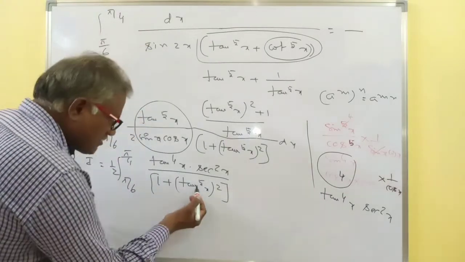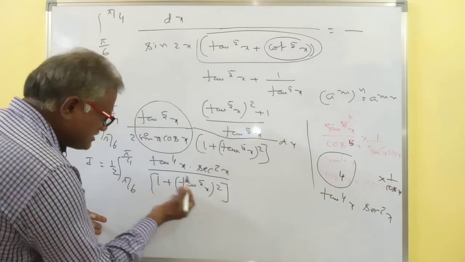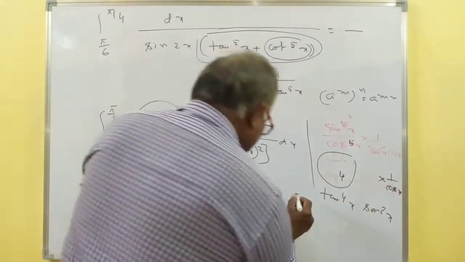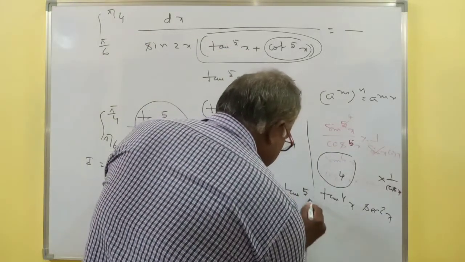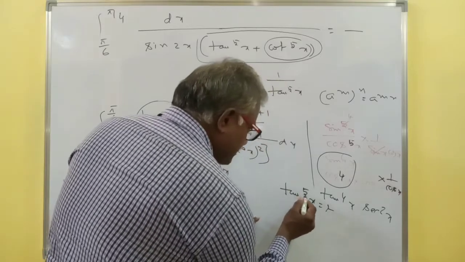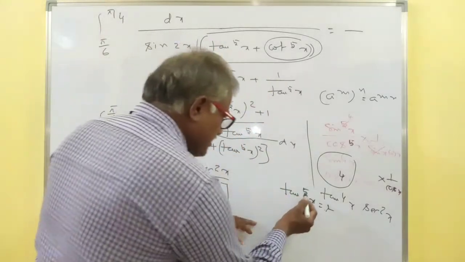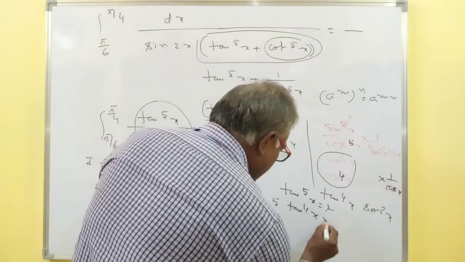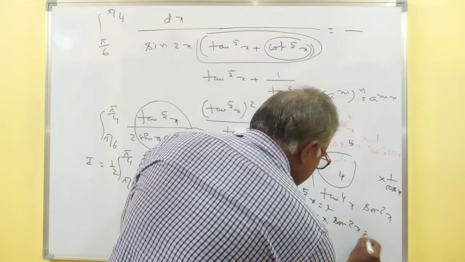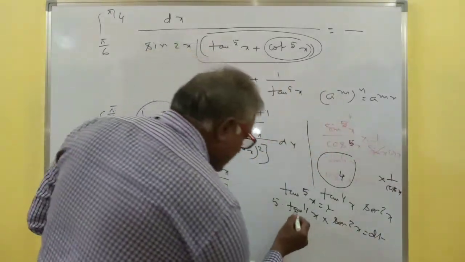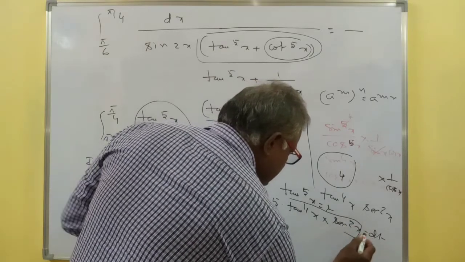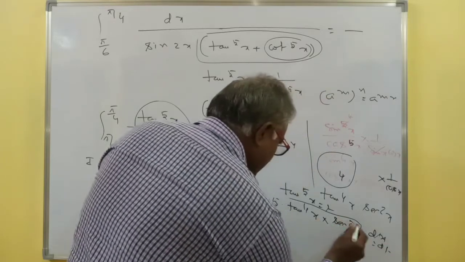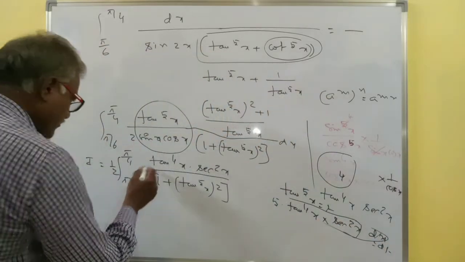The derivative of tan^5 x is 5 tan^4 x secant square x. Suppose tan^5 x equals t. The derivative of x^n is n x^(n minus 1), so 5 tan^4 x, and the derivative of tan x is secant square x, dt. So tan^4 x secant square x dx is there, equal to dt.